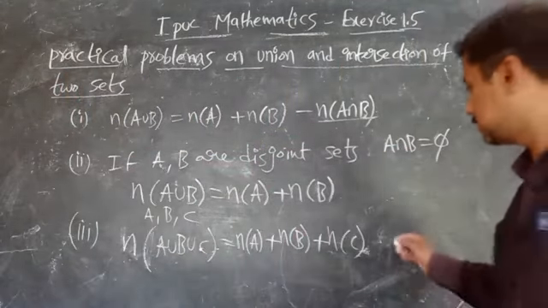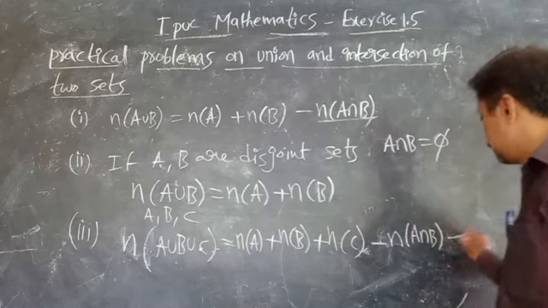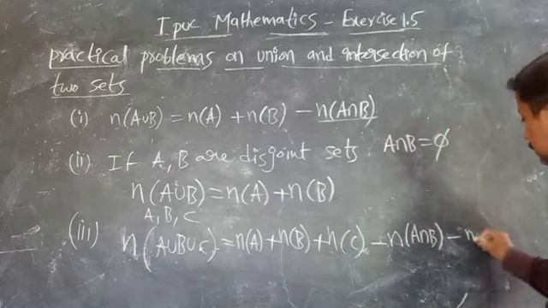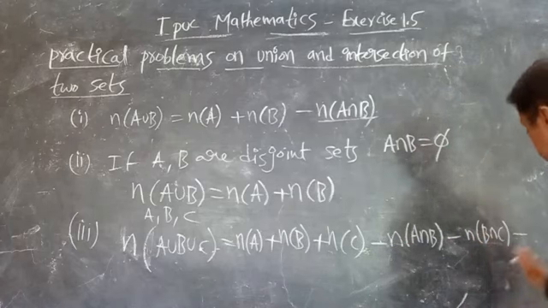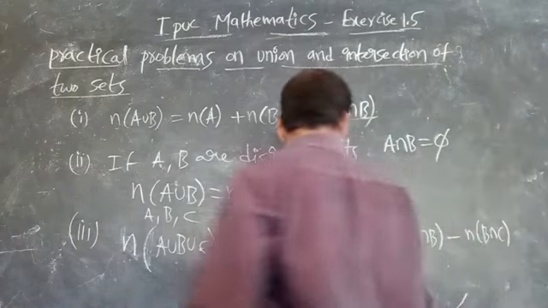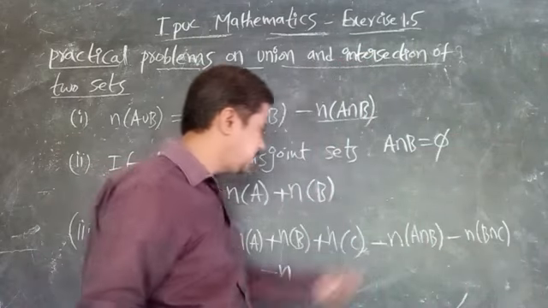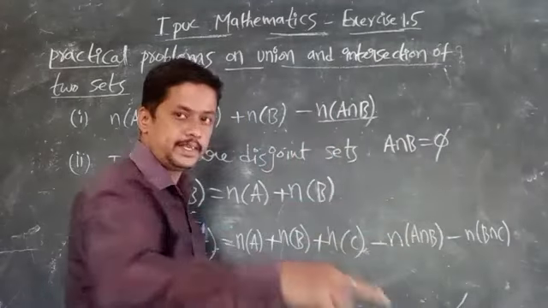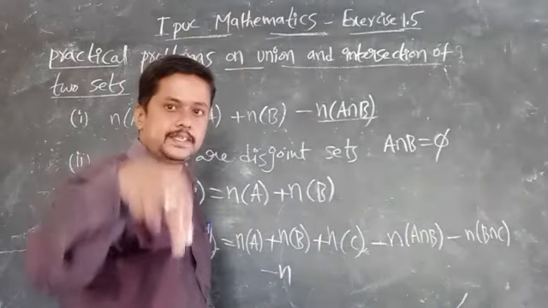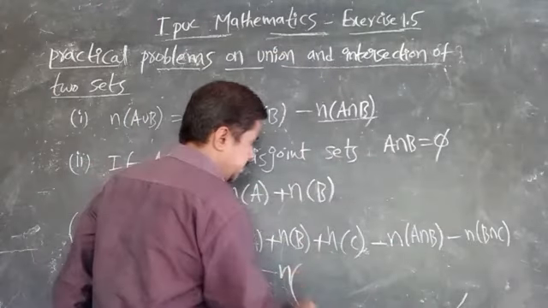So minus n of A intersection B, minus n of B intersection C, minus. Okay, so I will write here minus AB over, BC over, CA. Cyclic order, so AB, BC, CA.